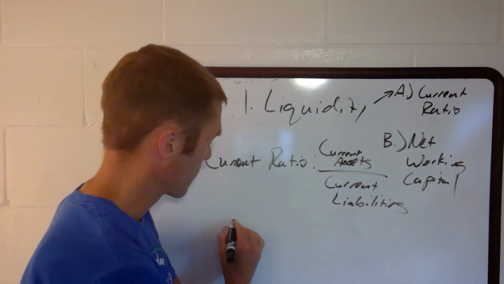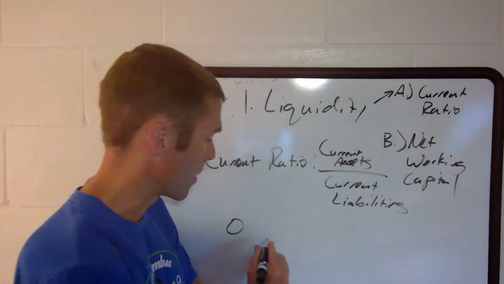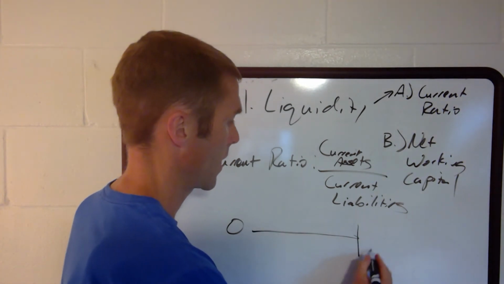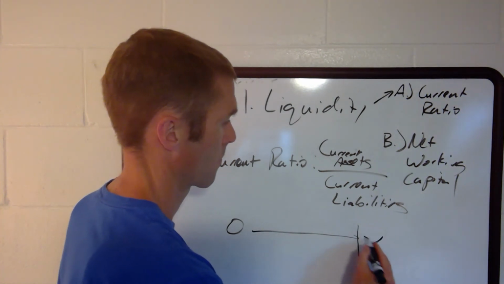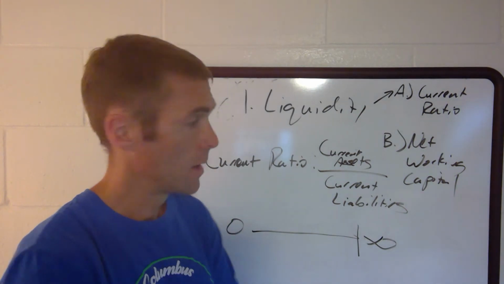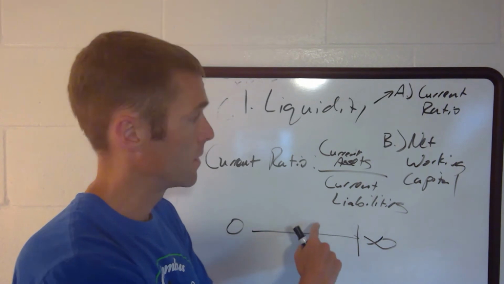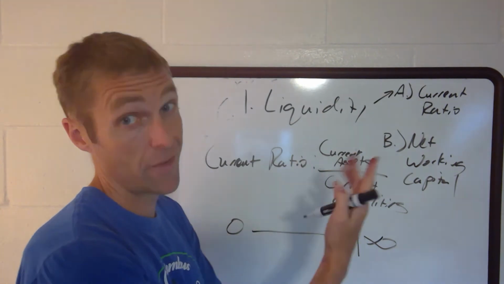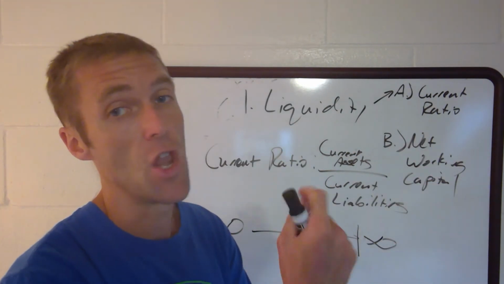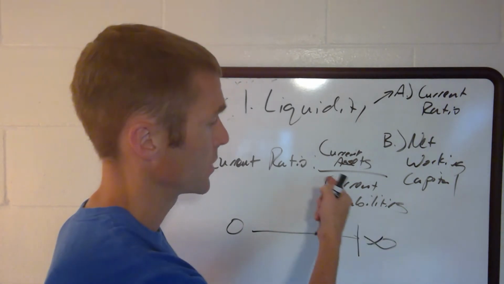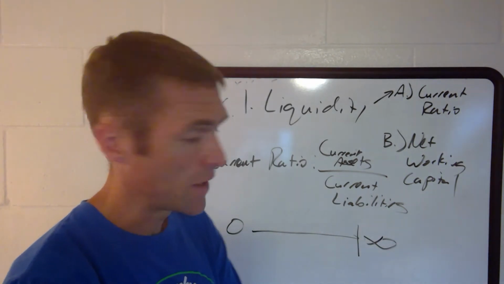Instead, it's bounded between 0 and infinity. Because if we have a whole bunch of cash and cash equivalents but no current debt, 10 divided by 0, or even if we have some current assets and no current liabilities, something divided by 0 is infinity.